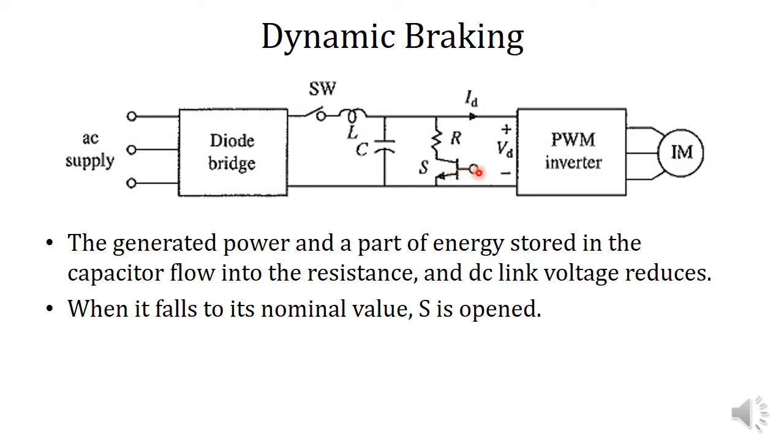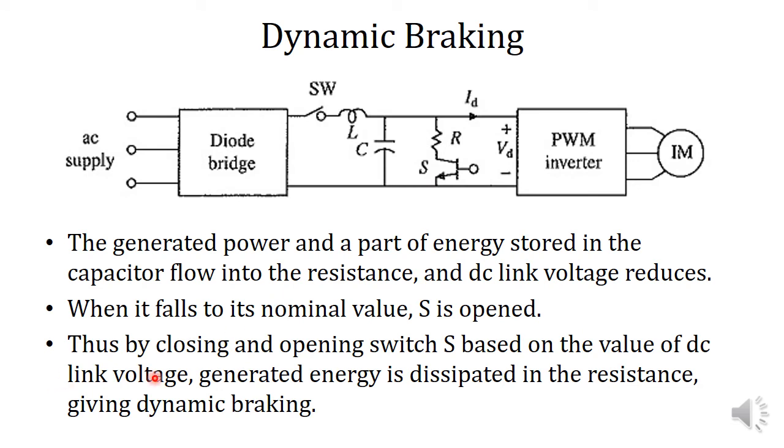Again, when the value of VD becomes equal to a preset value, then switch S is again closed. So by closing and opening the switch based on the value of DC link voltage, generated energy is dissipated in the resistance, giving dynamic braking.